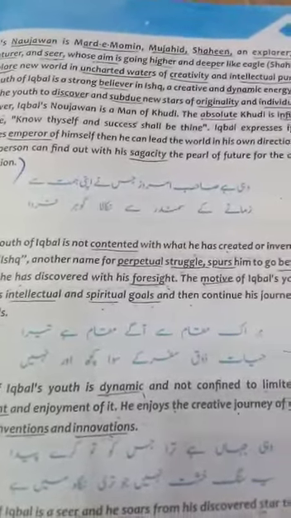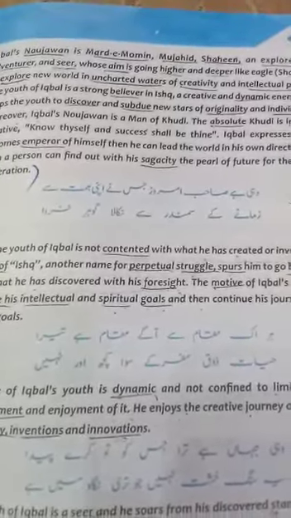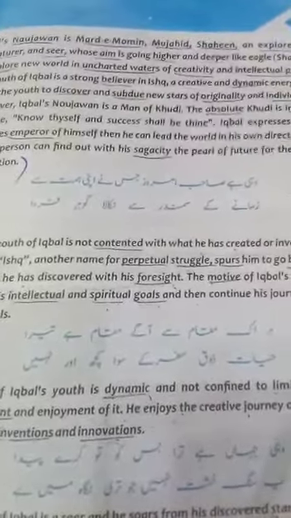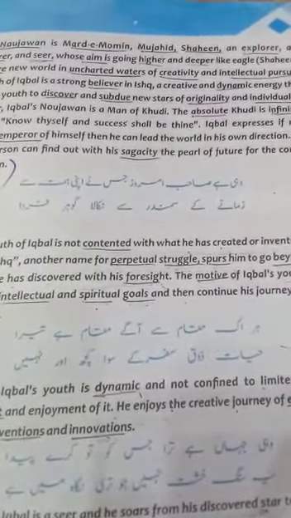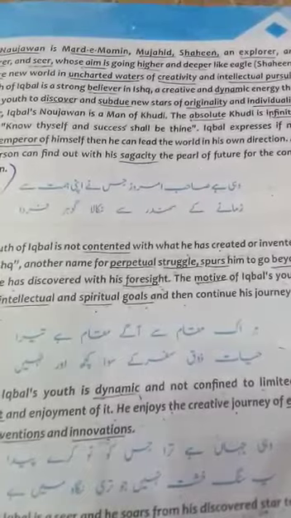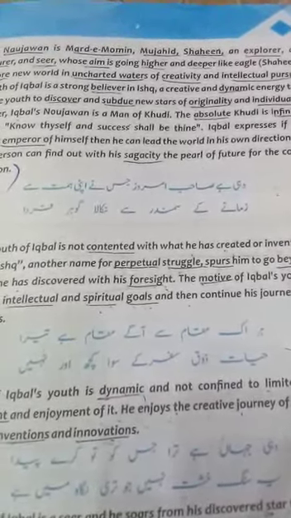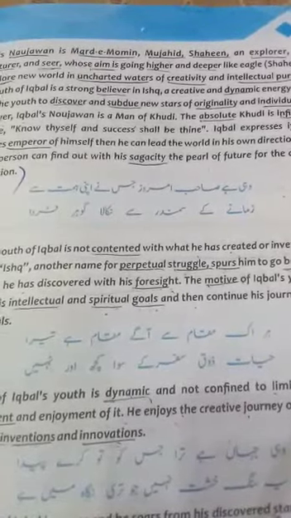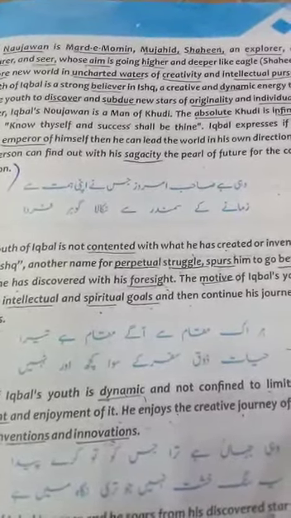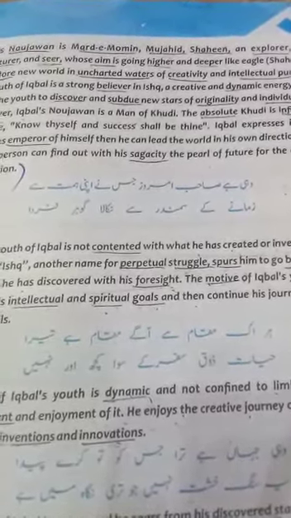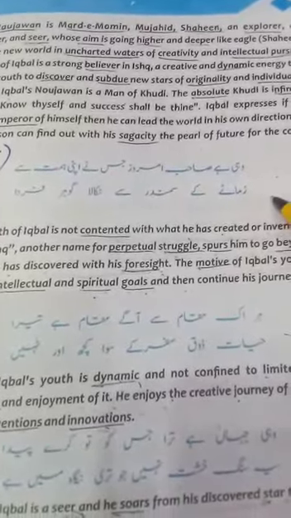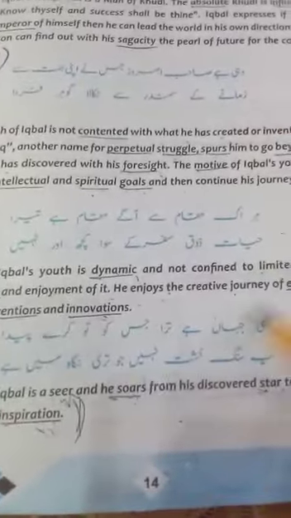Gohar means pearl, and samandar means ocean. This is not an easy task, but those can do that difficult task who have inclination towards hard work, and those who are always ready for struggle. So this is the meaning of that verse. Okay, now see your next verse.